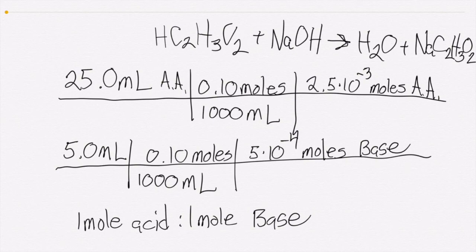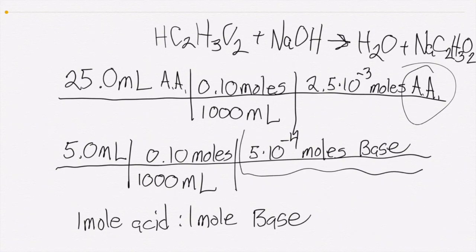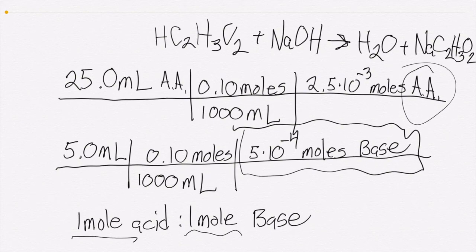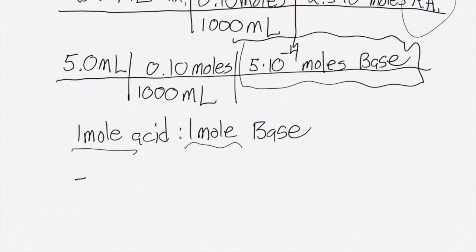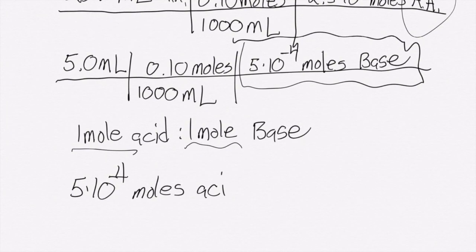I'm going to work with the moles of base because it's the smaller number. 5 times 10 to the minus fourth moles of base, and because for every 1 mole of base we get 1 mole of acid reacted, we have 5 times 10 to the minus fourth moles of acid that have reacted with the base.